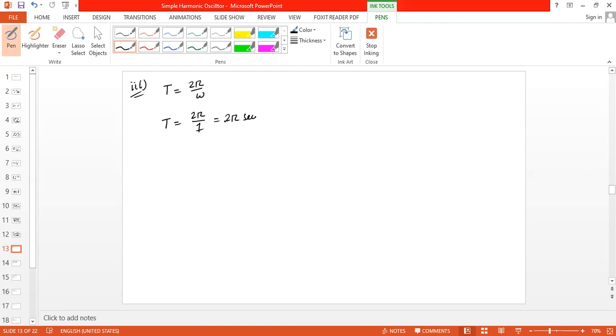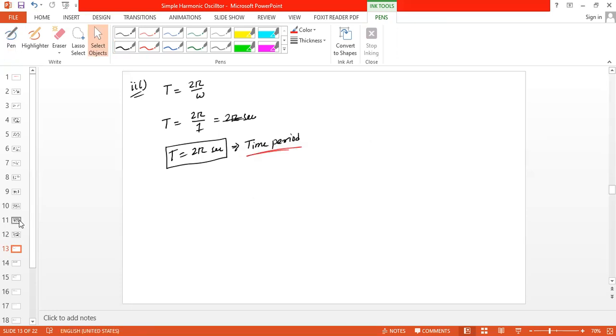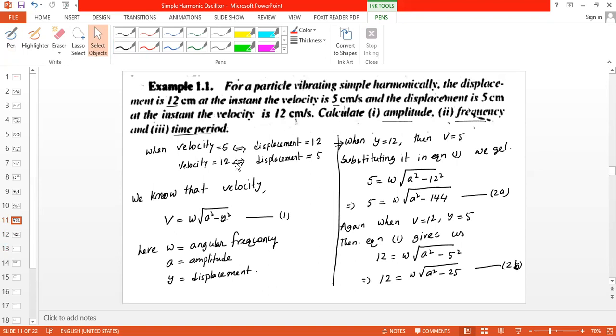So this is the time period. So this is the answer. Okay, that means the math is done. We found the time period, frequency and the amplitude for this condition.